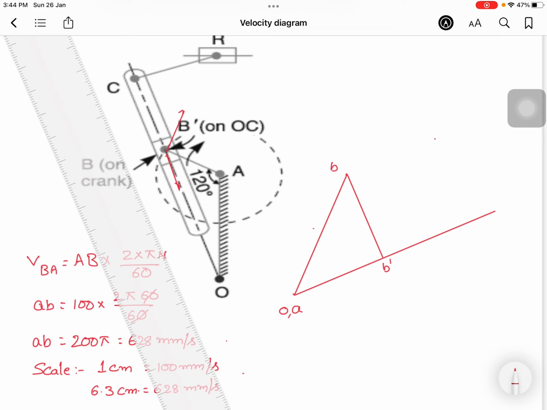You can take the ratio OC upon OB dash, which is equal to small oc upon small ob dash. Here we know the OB dash value. We know OC and OB dash. From that you can calculate the OC length.